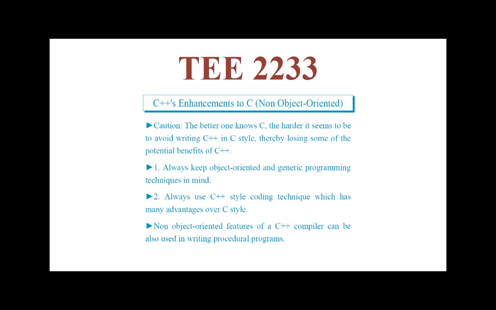So C++ has other features which are added, which are actually enhancements to the C programming language. That means it's just an improvement of the C programming language. When we are dealing with the non-object-oriented programming features, these are enhancements, right?